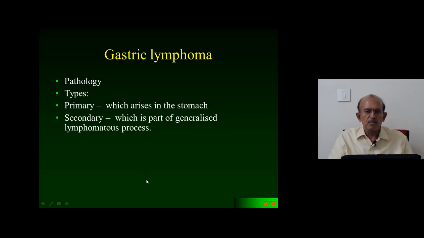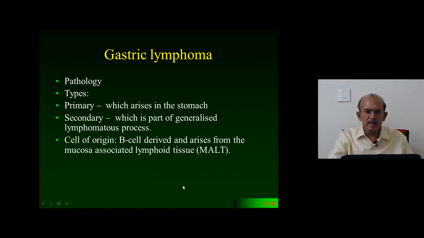But if these lymphomatous masses are present along with lymph nodes elsewhere in the body, like lymphoma of the neck nodes, lymphoma of the inguinal nodes, then we call that a secondary lymphoma, due to a generalized lymphomatous process. Why do you have to make this distinction? If it is confined to the stomach, we can do radical gastrectomy. If it is part of a disseminated tumor, then you have to go for chemotherapy.